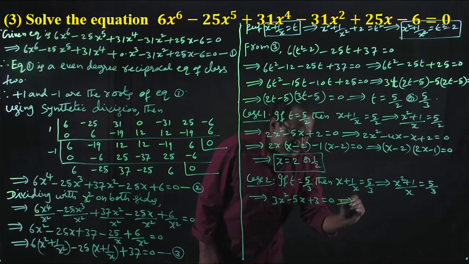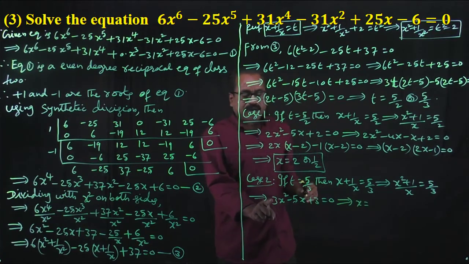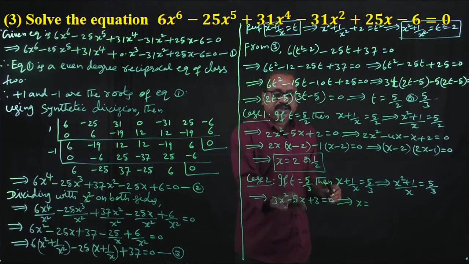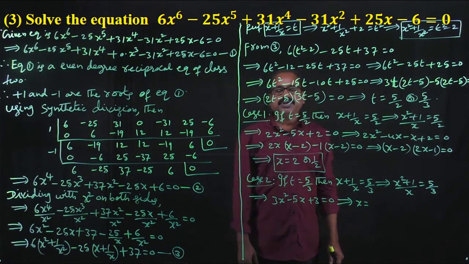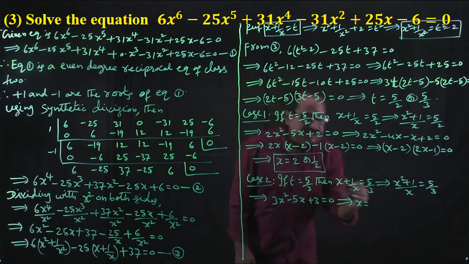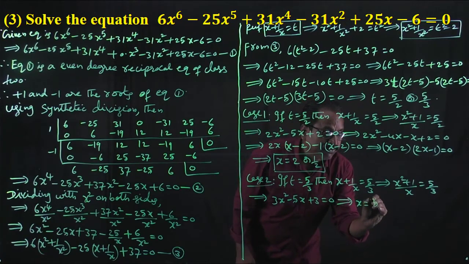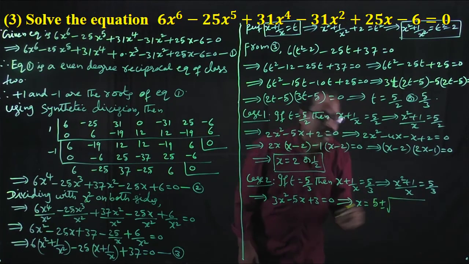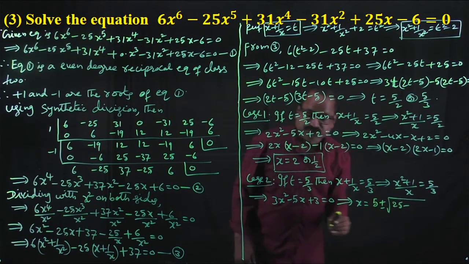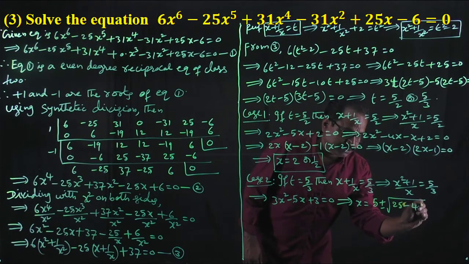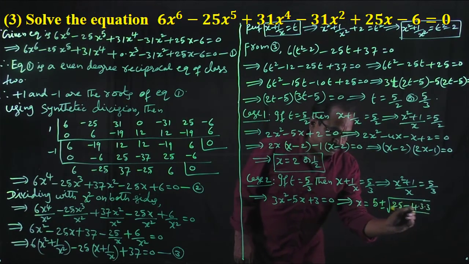This implies x is equal to, here a is equal to 3, b is equal to minus 5, c is equal to 3. Using x is equal to minus b plus or minus square root of b square minus 4ac by 2a: minus of minus 5 is 5, plus or minus square root of 25 minus 4 into 3 into 3, by 2 into 3.